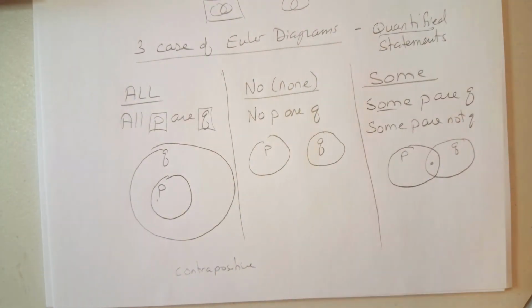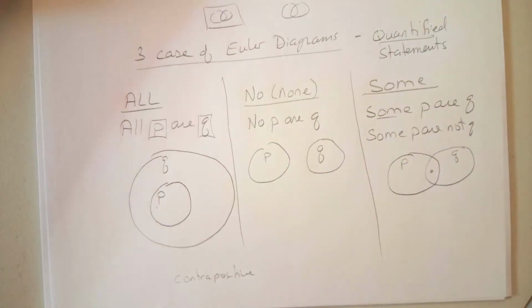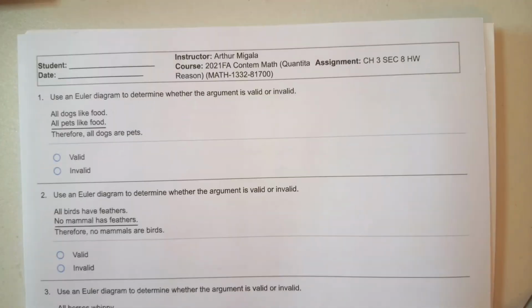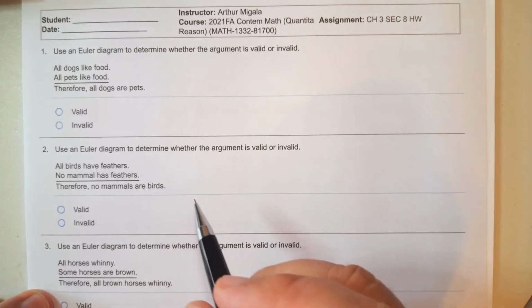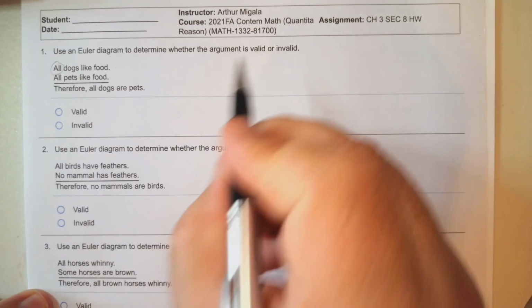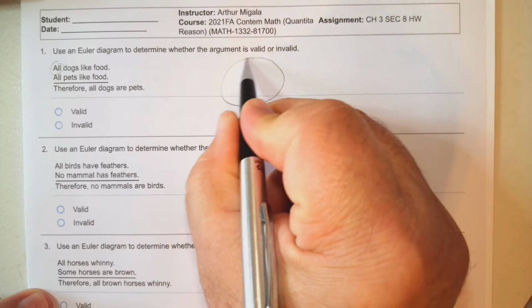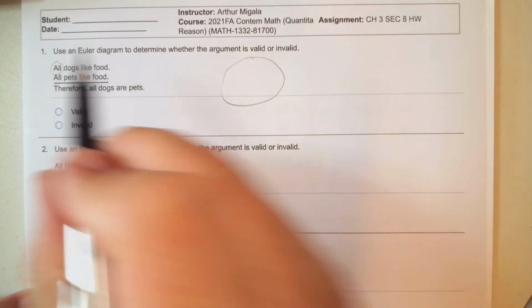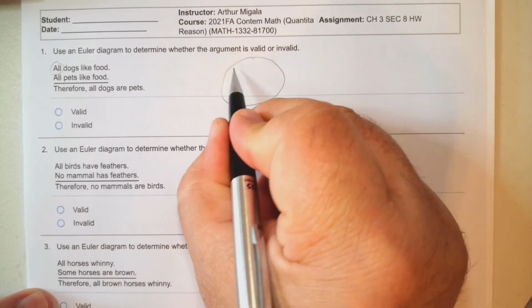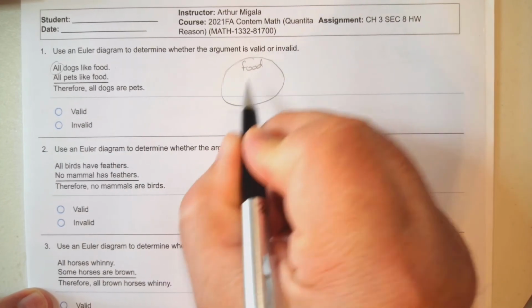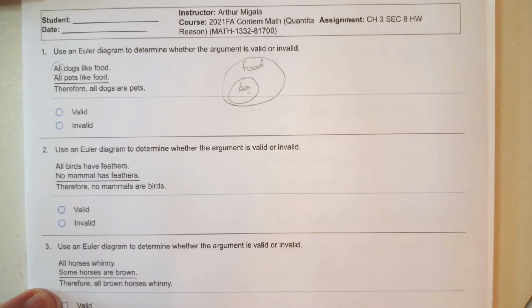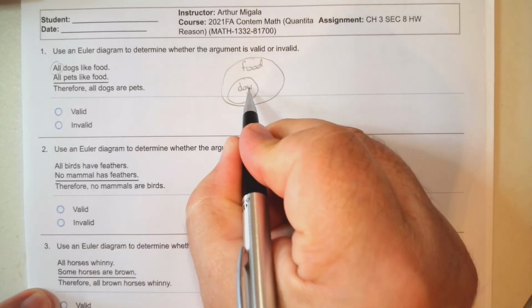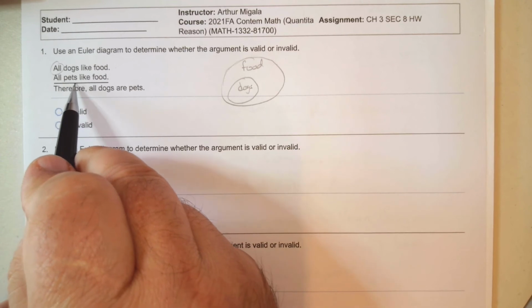All right, so let's look at the homework assignments. Use an Euler diagram to determine whether the argument is valid or invalid. So we have all. All dogs like food. So the outer one is food. The inner one is dogs. The next one, all pets like food.